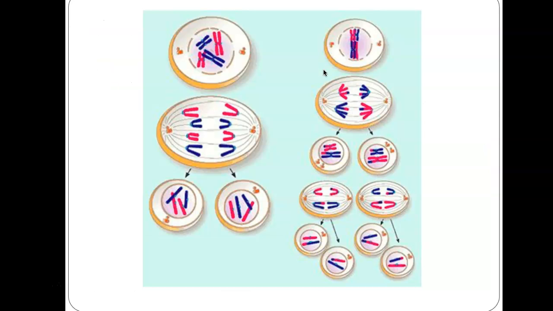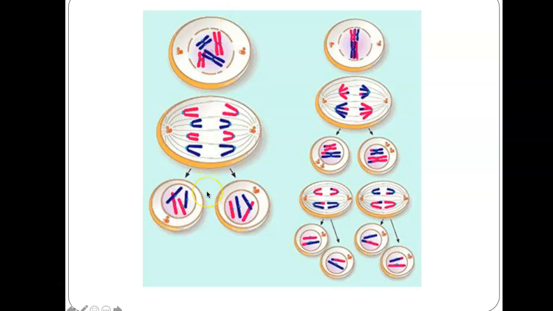All right. The last thing I want to do before I end this, because I'm going to save karyotypes and those other disorders, chromosomal disorders, for next time, is that I just need you to understand the differences between mitosis and meiosis. All right. The picture shown here, mitosis is on the left. It's the division of somatic cells to make clones.